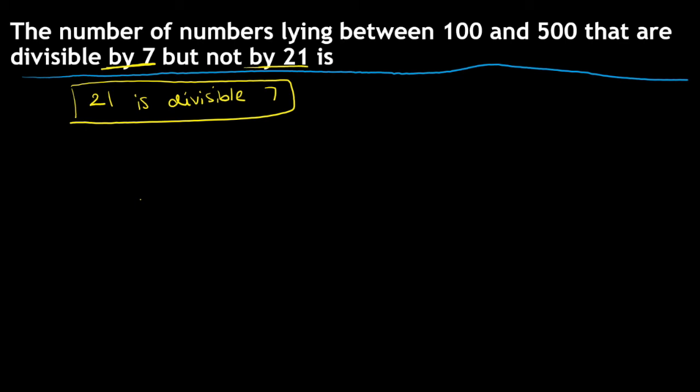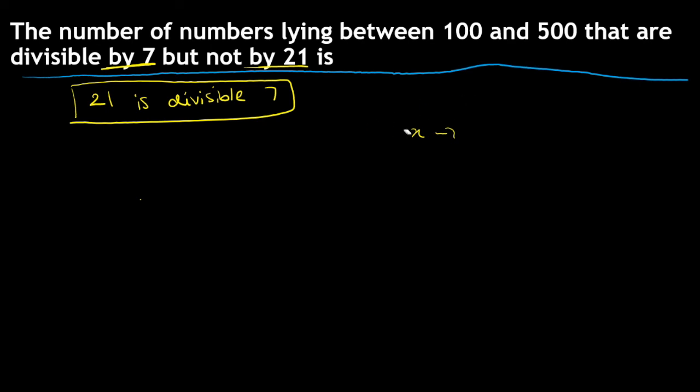So suppose you have 10 numbers which are divisible by 21, all those 10 numbers will also be divisible by 7. However, all numbers that are divisible by 7 will not be divisible by 21, right?